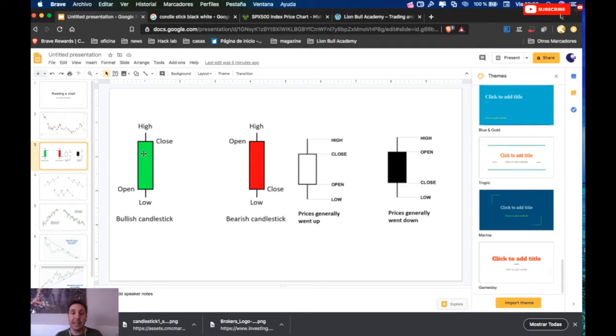Also in the candle can happen this, like you can see here, these small flames that you have up and down, the tails, or how we call them. They represent that between the open and the close, in those 5 minutes, the price went higher, but at the close time it was below that price.